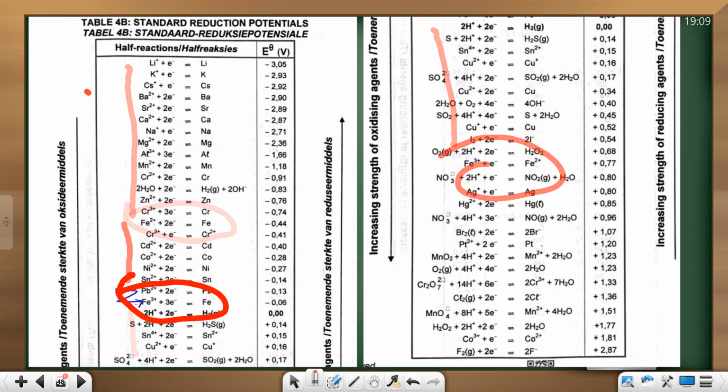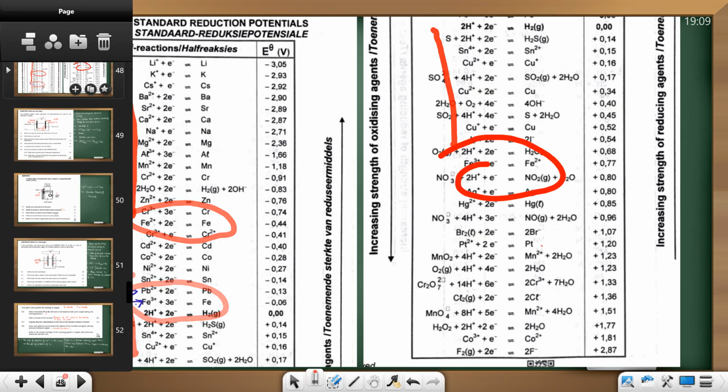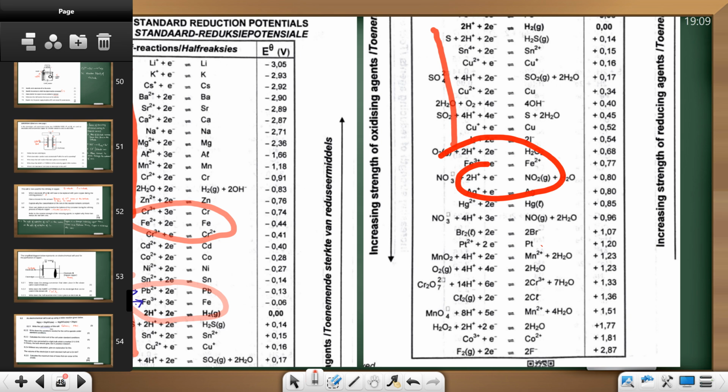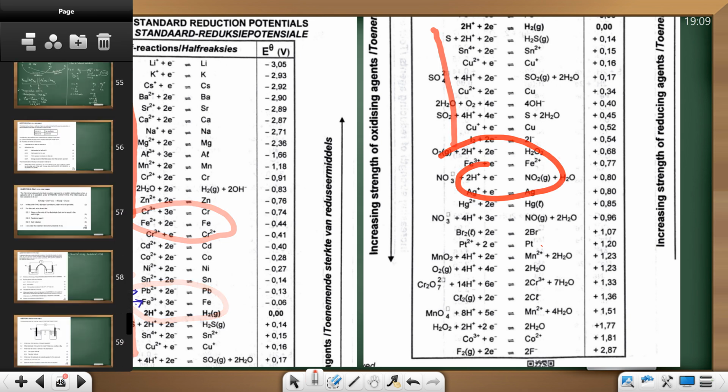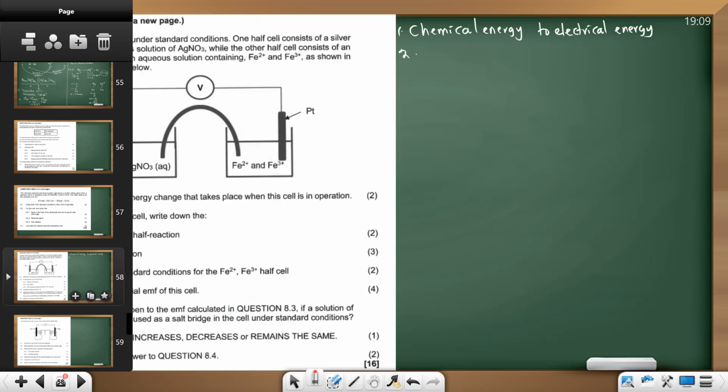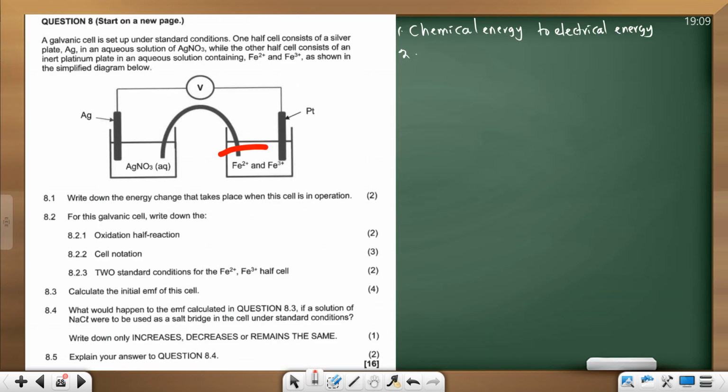Which one do I use? I think we discussed this. The cell has what? Fe3+ and Fe2+, if you remember. Check. That's the one I'm going to use.